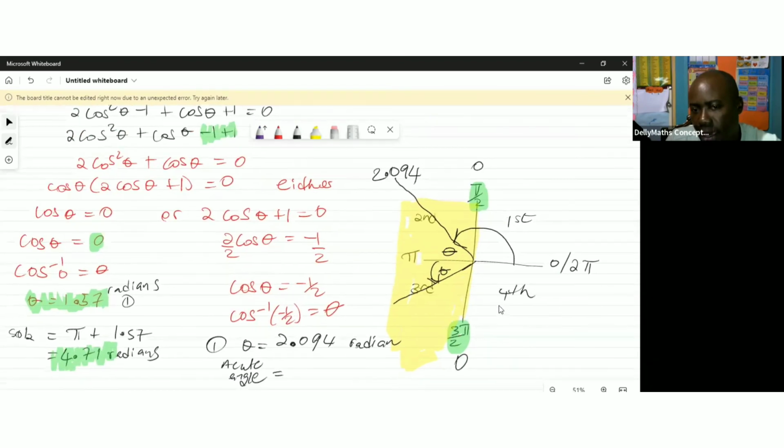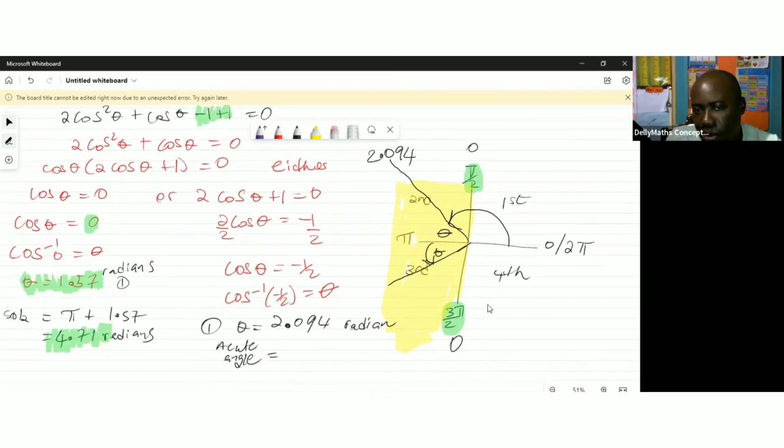If I take this 2.094 from pi, I'll get the angle I need. So pi minus that is going to give me my acute angle. I'm going to minus 2.094, and I get that the acute angle is 1.047.